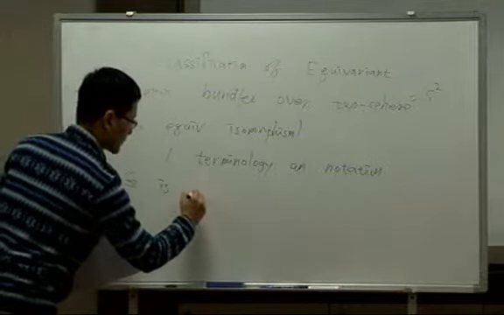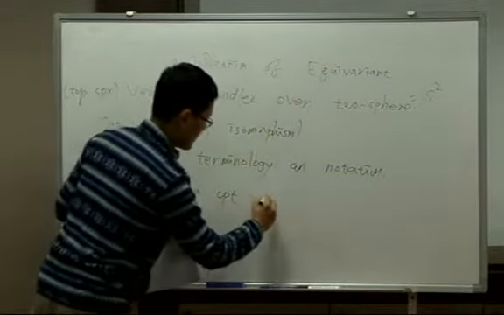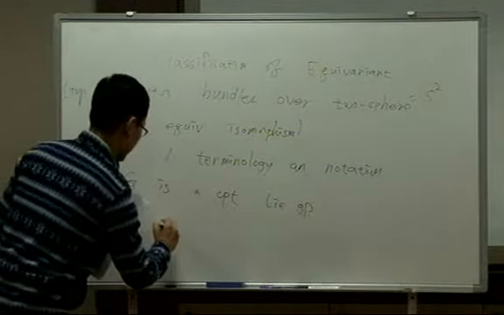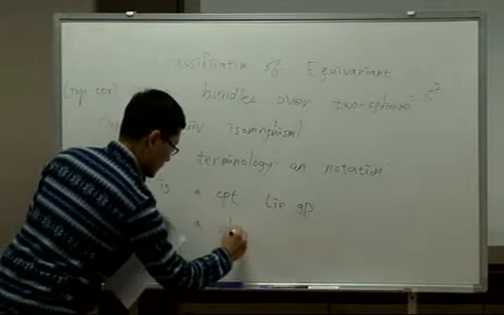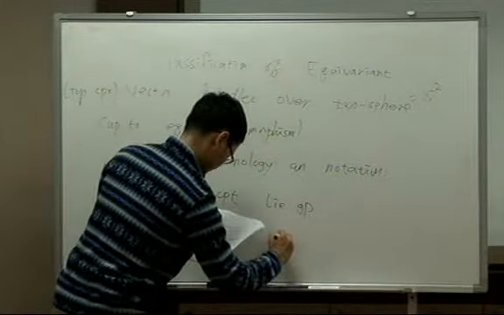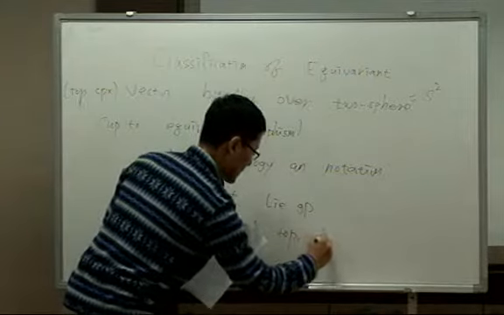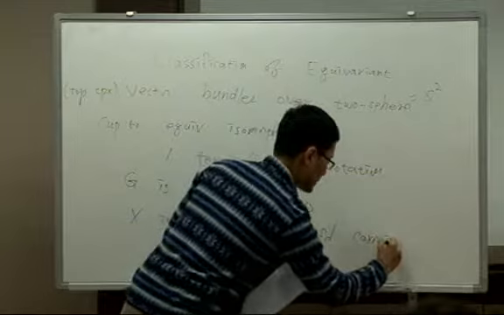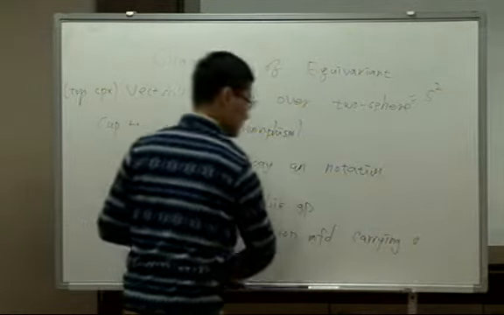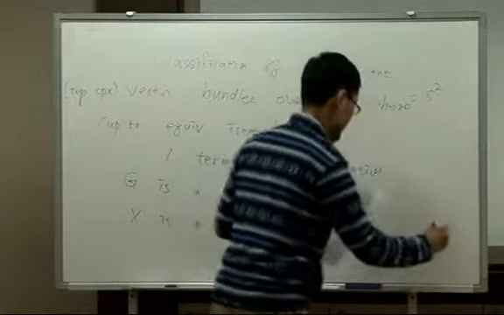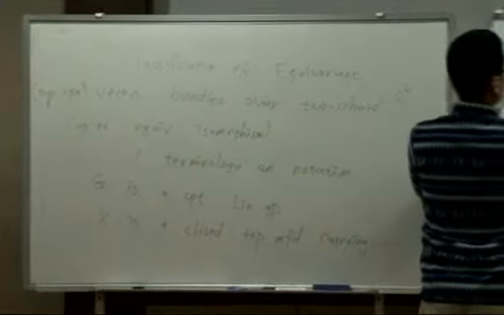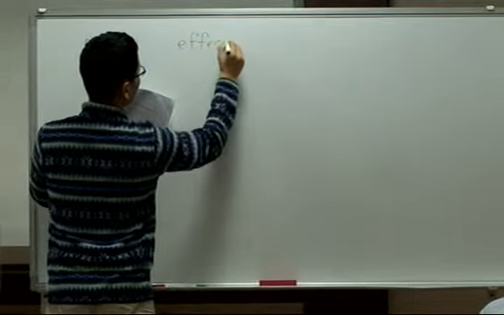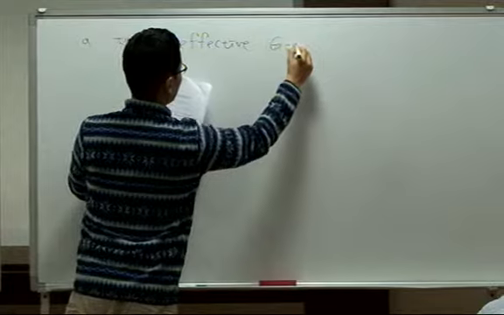G is a compact Lie group, and X is a closed topological manifold carrying a topological effective G action.